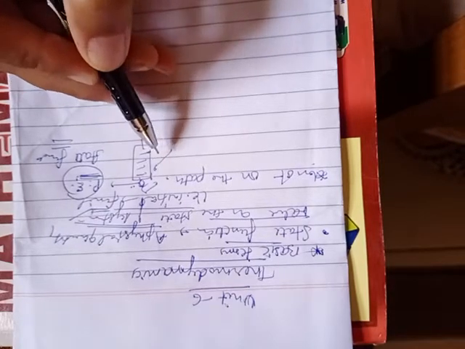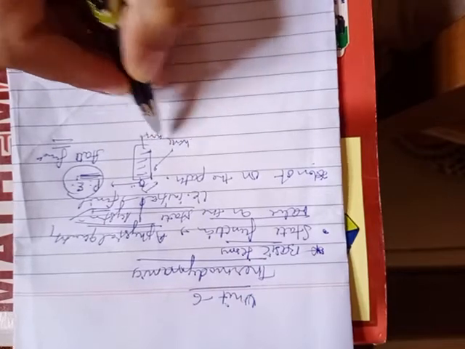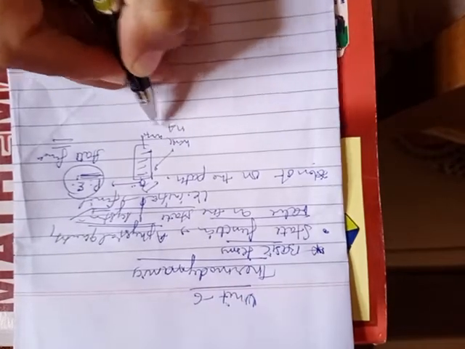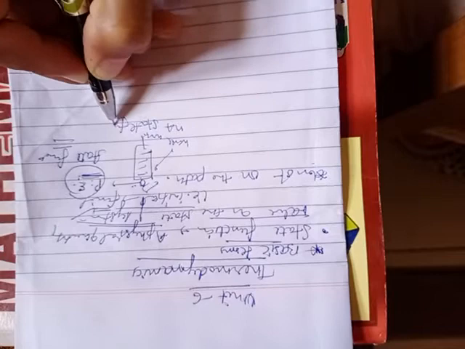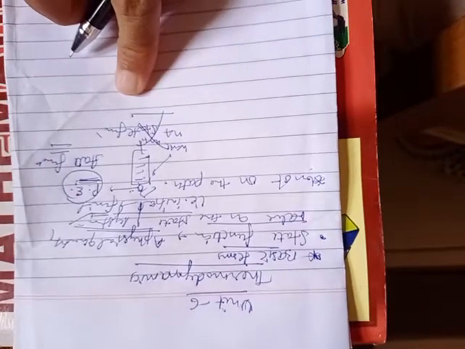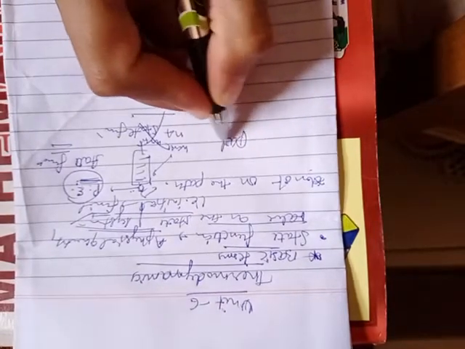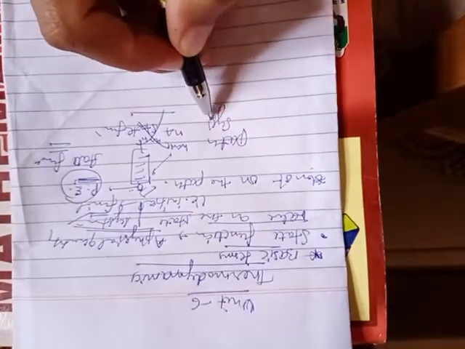So work is totally different in both cases, hence this work is not a state function. We do not consider this work a state function. Clear? Sometimes we call it a path function.